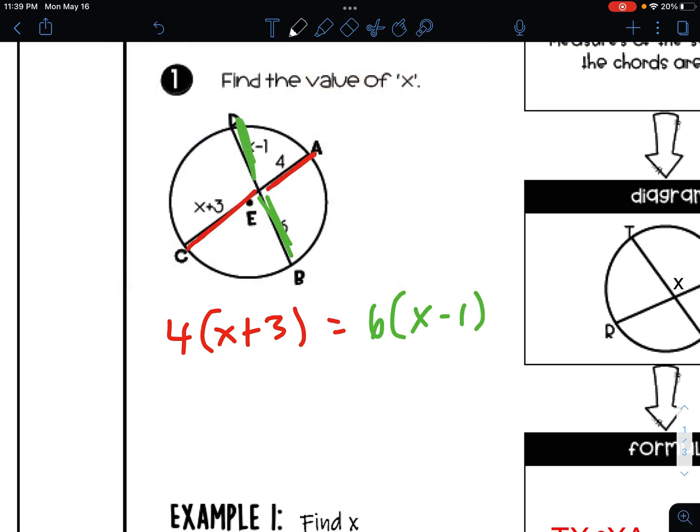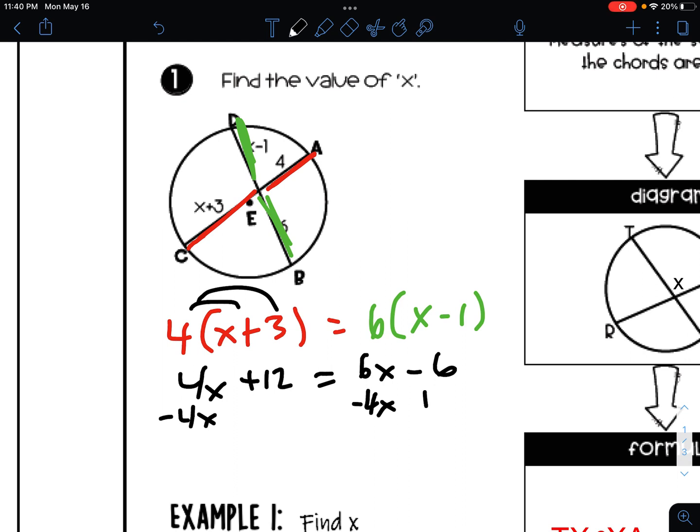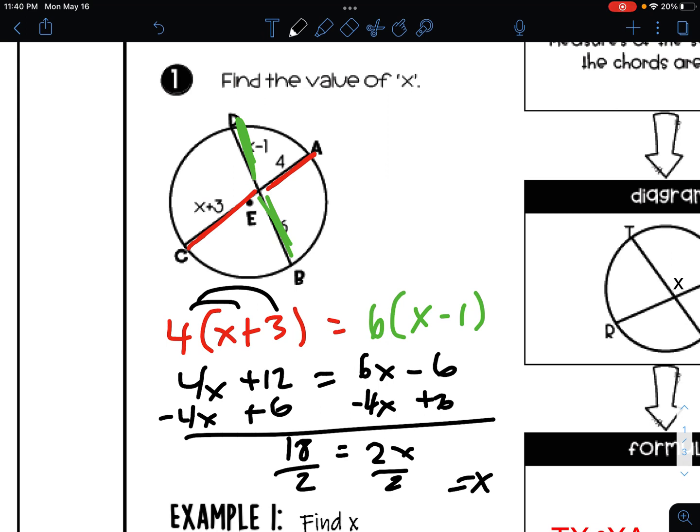So the 2 parts multiply together, and we go ahead and distribute: 4x plus 12 is equal to 6x minus 6. Subtract 4x, and then add 6 to both sides. That's going to equal 2x. This side is equal to 18. Divide by 2. X is equal to 9. So we found the value of x. We would plug that back in and get the values that we need.